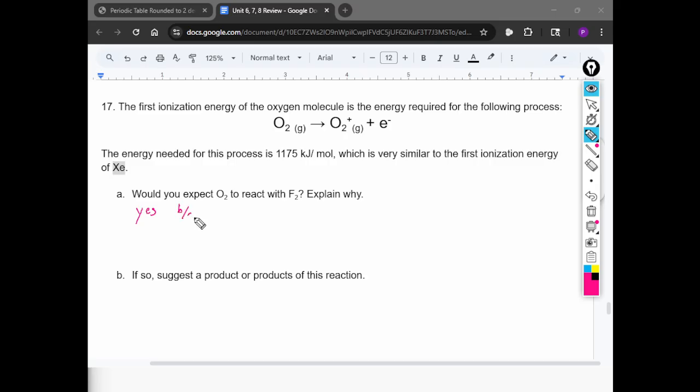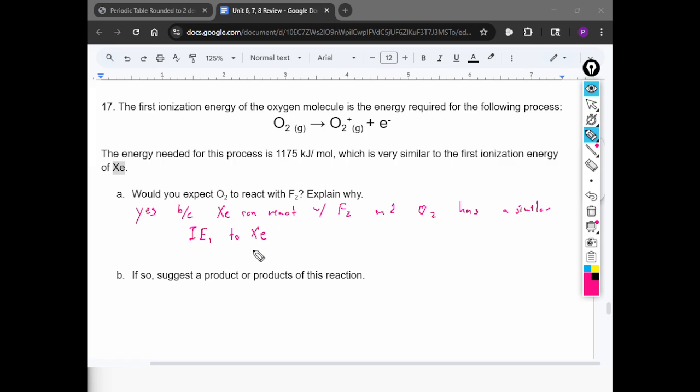Yes, because xenon can react with fluorine, and O2 has a similar first ionization energy, so IE1, to xenon.